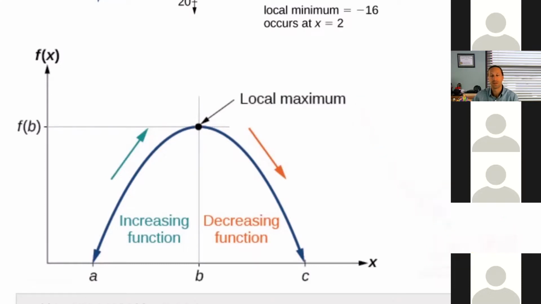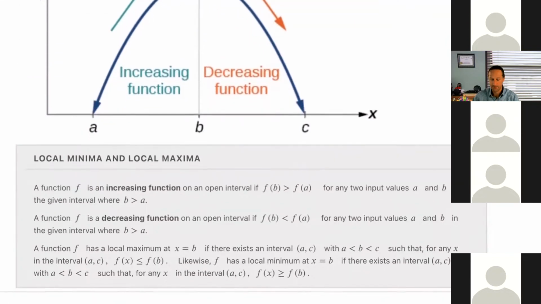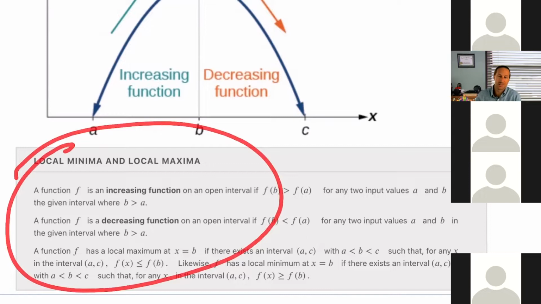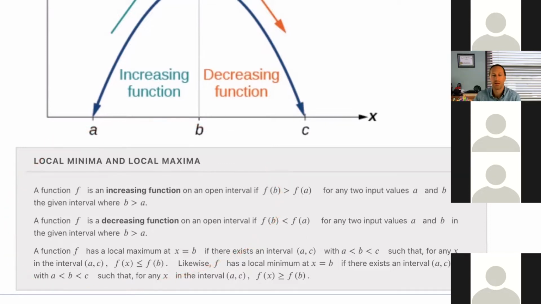All right, you guys see the difference there? Good. We call those local minima and maxima. That's plural, instead of minimums and maximums. All of this verbiage here is exactly what I just showed you graphically. I think it's a whole lot easier to see via a graph than all these words.